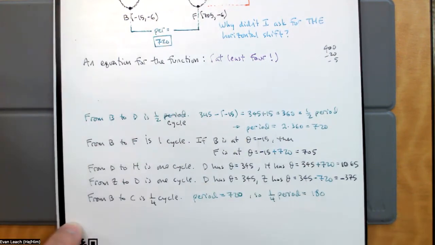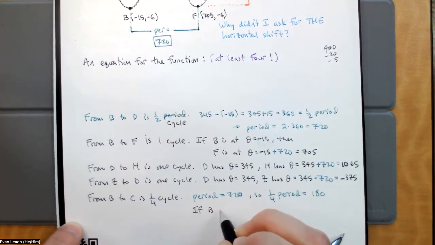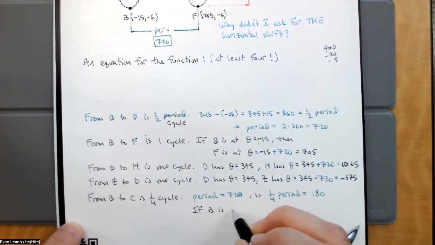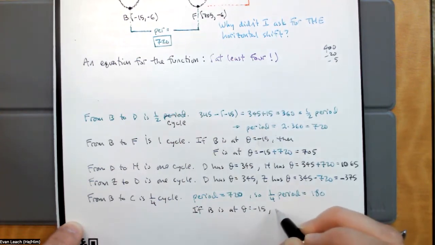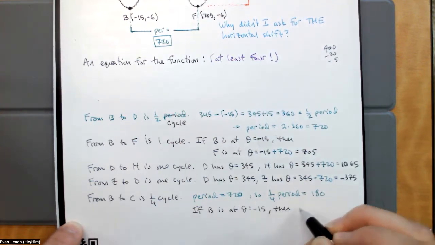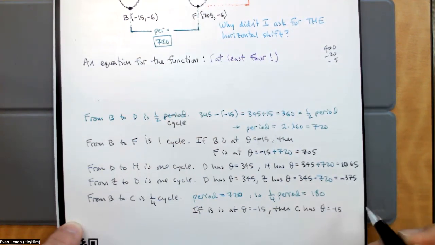If B is at negative 15, then C is negative 15 plus 180.